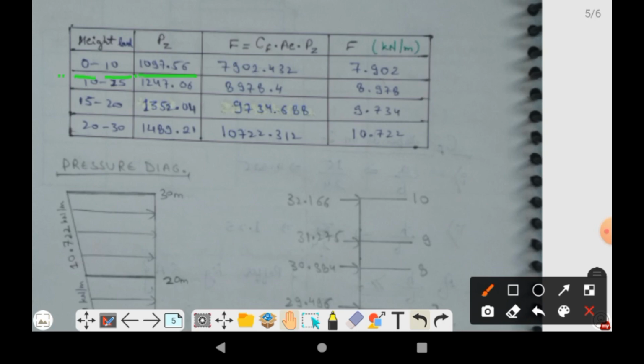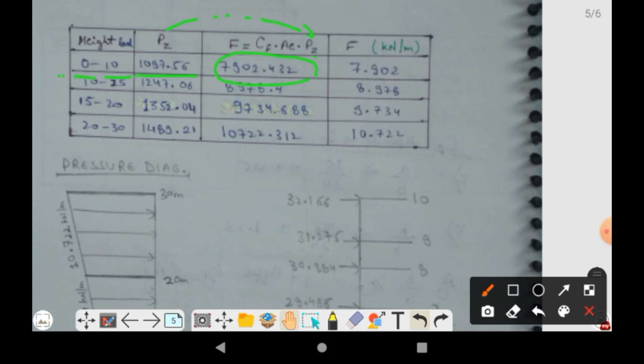So now putting the value of PZ in this formula, you can see that CF is 1.2, AE is 6, and PZ for this height level from 0 to 10 meter is 1097.56. On multiplying all these values together, we would be able to find this value, that is 7902.43.